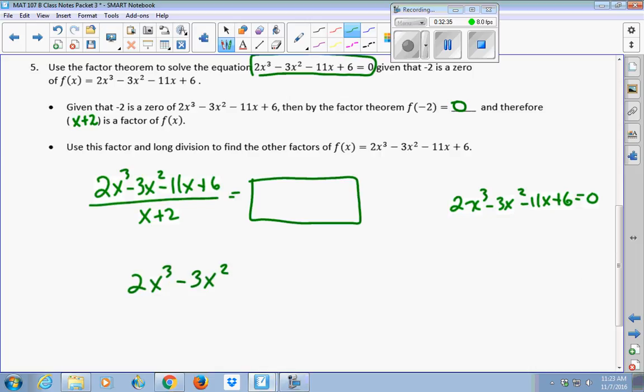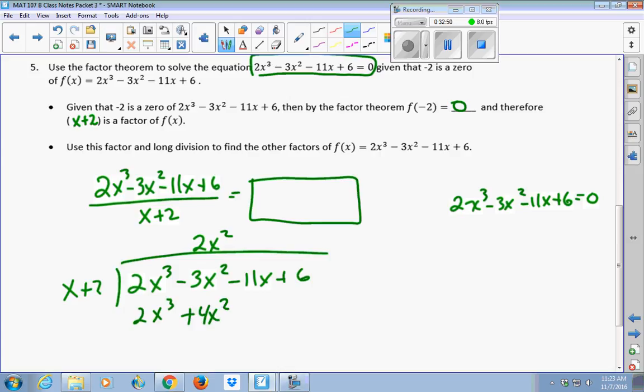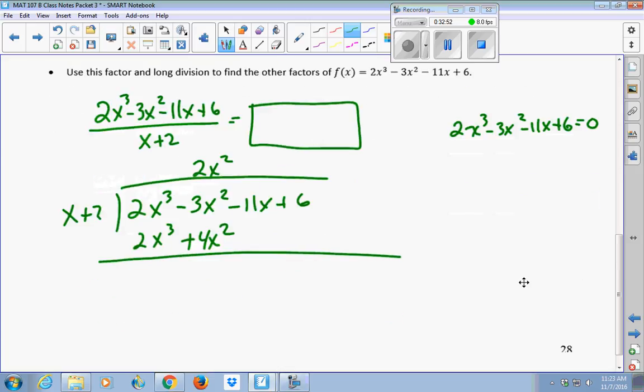Let's not lose track of what we were originally asked. We were originally asked to solve the equation for 0. So let's factor it first. x goes into 2x cubed 2x squared times. I'm going to go a little faster now, so if there's anything you don't understand, let me know. You're probably working away as I am. Minus 7x squared minus 11x, so I get minus 7x.